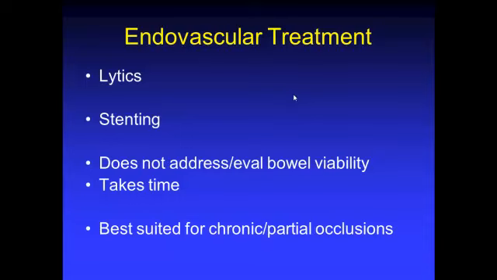Certainly this does not address, though, once again, the bowel viability, and you still often need to do surgical intervention to address that. But if the patient is not presenting with an acute abdomen, if they're not developing sepsis, if they just have pain and you think it's early on, I don't think it's at all unreasonable to involve your vascular surgery and/or your interventional radiology colleague, get a formal angiogram and see if that is perhaps amenable to stenting.